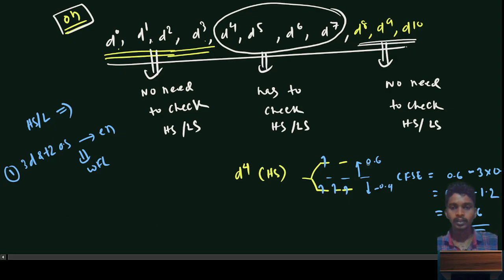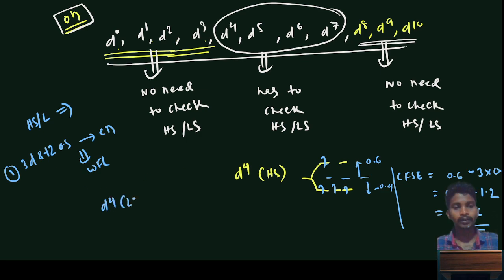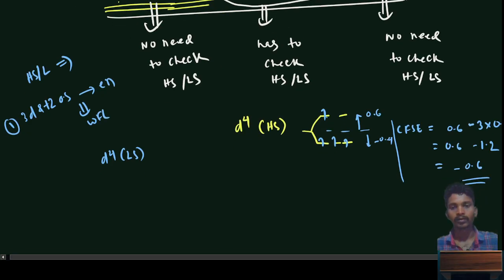This way you can calculate it: just multiply the number of electrons with this value and the others with that value. That's how we calculate the CFSE. And if it is d4 low spin, how will we do it? In this case, all will be down: 1, 2, 3, 4.